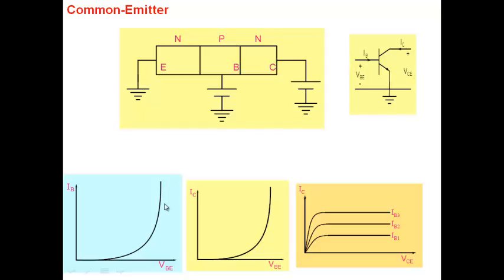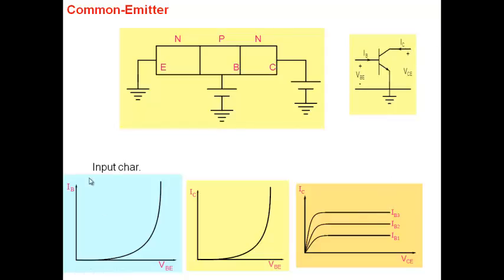So if IB varies exponentially, collector current also tends to vary exponentially here. So that's fine. The other one is collector current versus the collector emitter voltage. So that's collector current versus collector emitter voltage, shows a behavior of this kind here. Now, this we can recognize when collector current is independent of collector voltage, the transistor is in forward active mode.